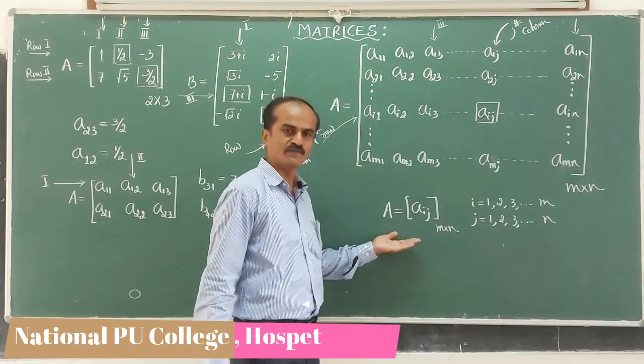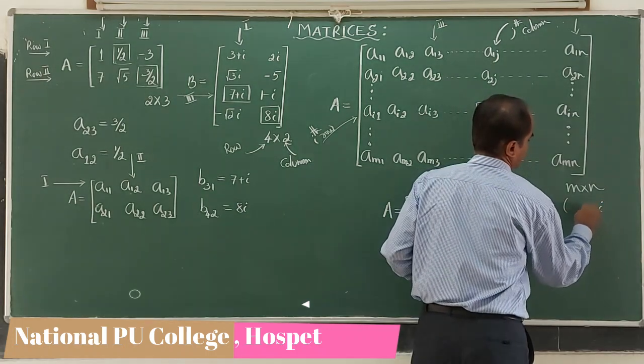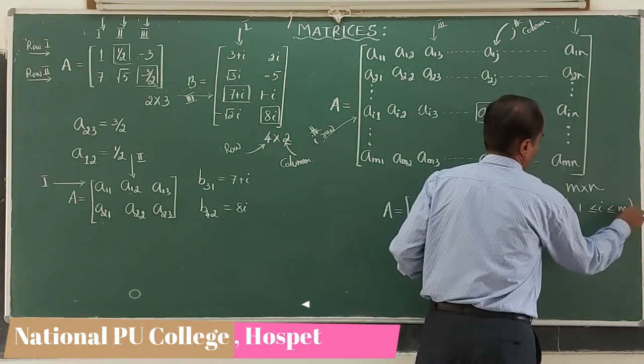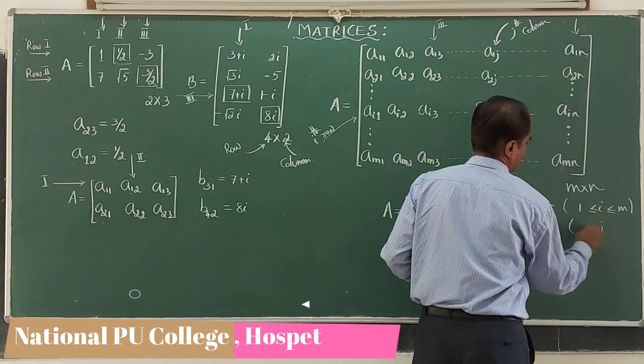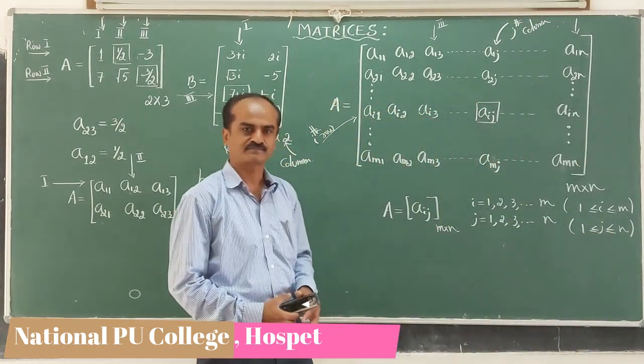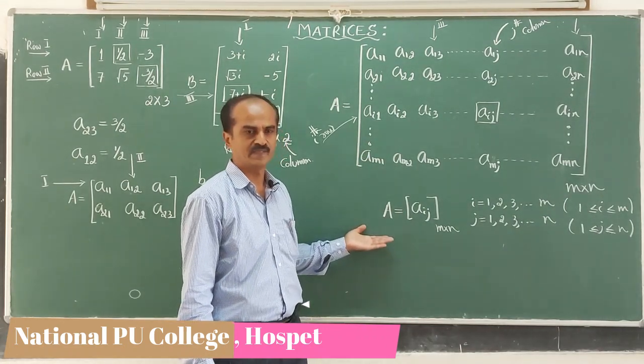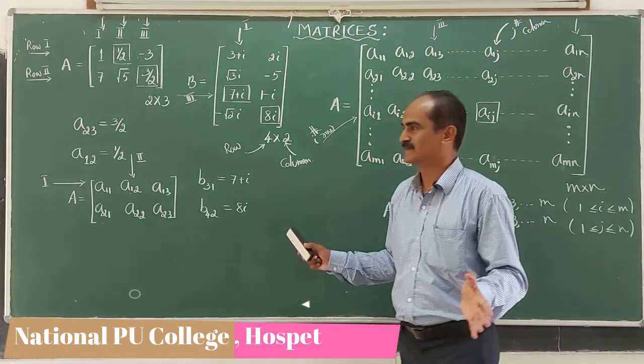So this is how we write, or we can write i is varying from 1 to m, j lies in the interval 1 and n. This is the brief way of writing the m by n matrix. I hope you are clear with this.